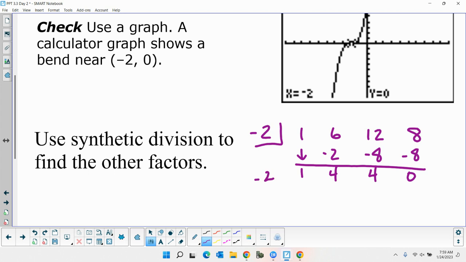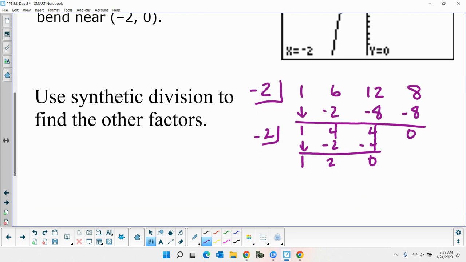Let's do it again, though. Let's see, because that's what we're thinking, because it bent, that it works a second time. -2 times 1 is -2. That's a 2. -2 times 2 is -4. It does work a second time. Again, we're thinking since it's bending, it's supposed to work at least 3 times.